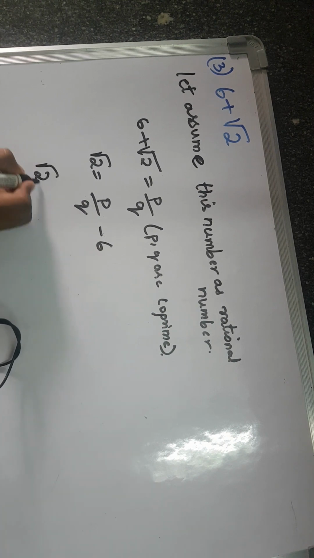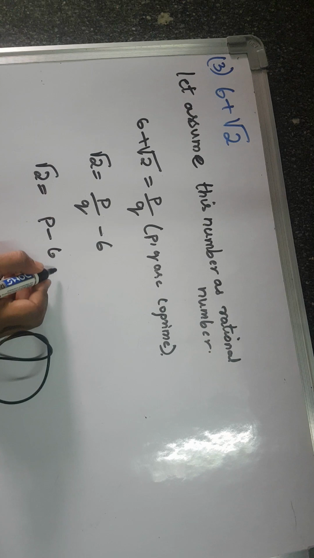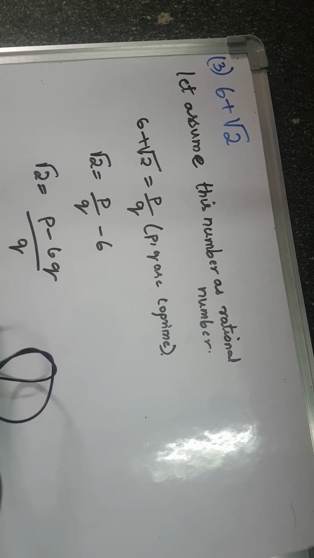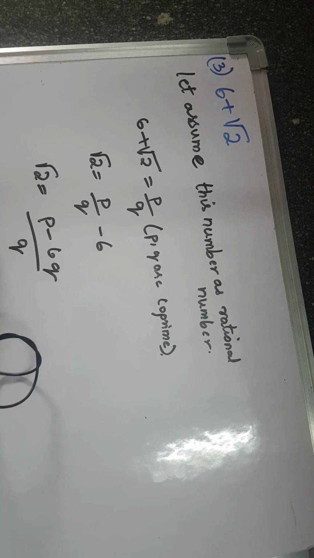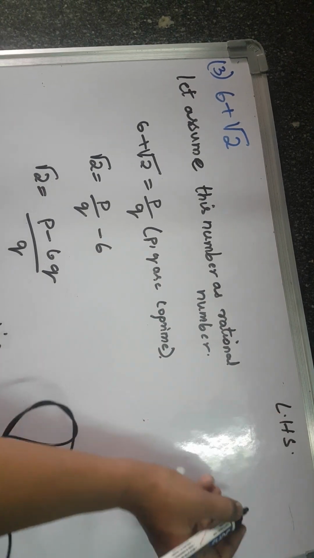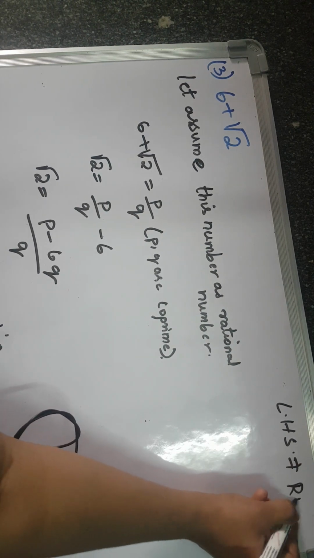Root 2 equals p minus 6q by q, where root 2 is an irrational number and p minus 6q by q is a rational number. So here LHS is not equal to RHS.